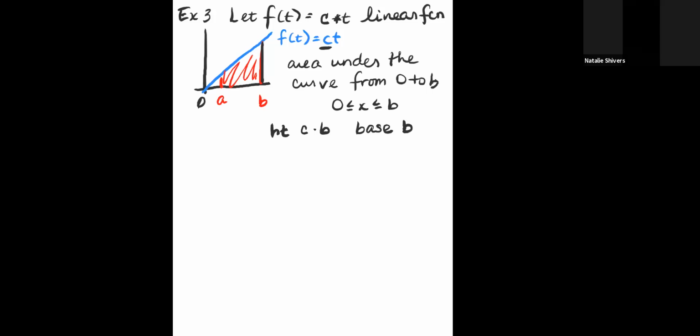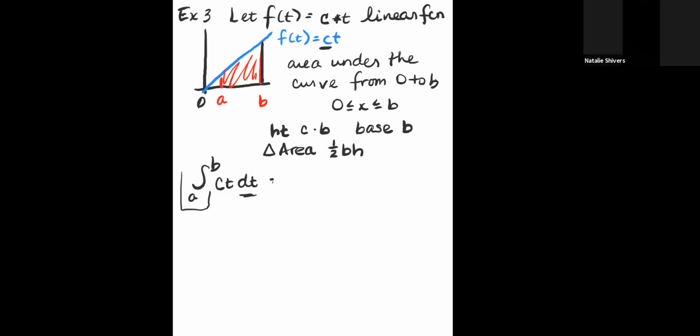Don't forget that the triangle area formula is 1/2 base times height. Okay, so let's put this in the integral formula. So again, we get used to it. A to B, CT dt. So again, the dt here is just part of the integral piece. The CT is the actual function.